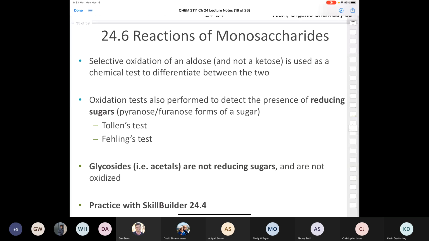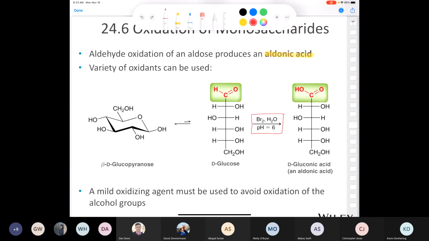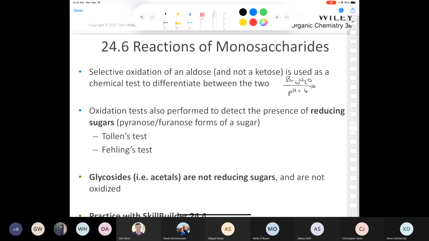There are all kinds of oxidations that we do of aldoses. Going back to this reaction, we'll write it down here: bromine in water at a pH of 6. This set of conditions for oxidation is very selective.